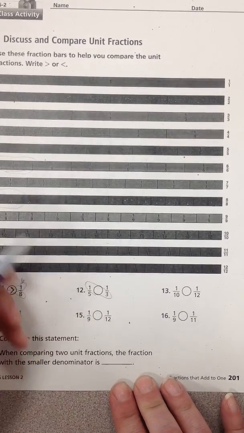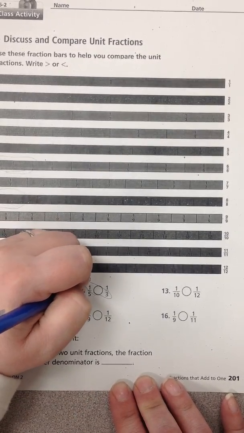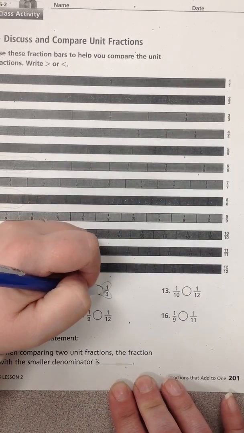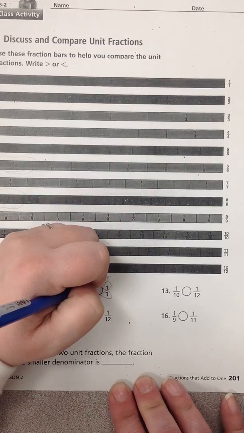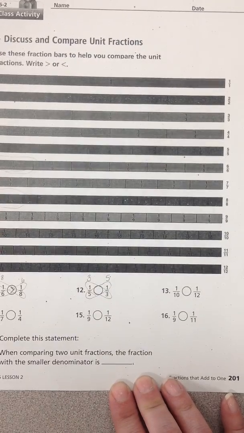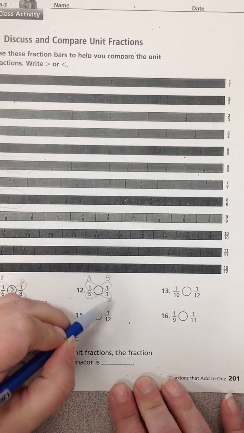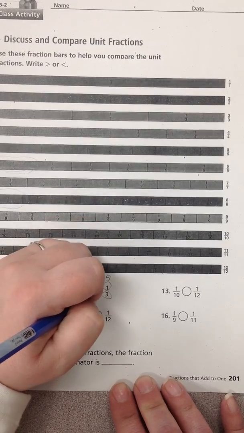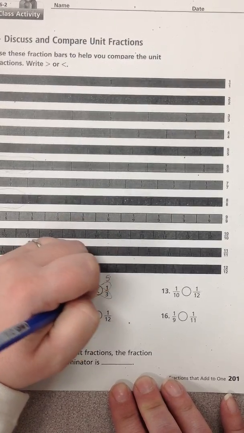Cross multiply 1 times 3, write it above the first fraction. Cross multiply 1 times 5, write that above the second fraction. So which one's bigger? 1/5 with a 3 or 1/3 with a 5? Right away, I know 1/3 is bigger than 1/5.